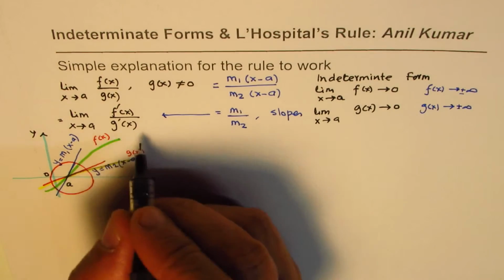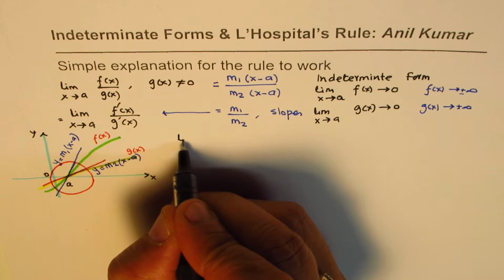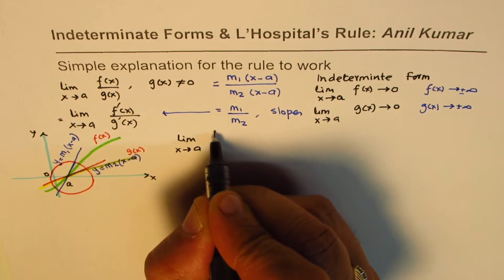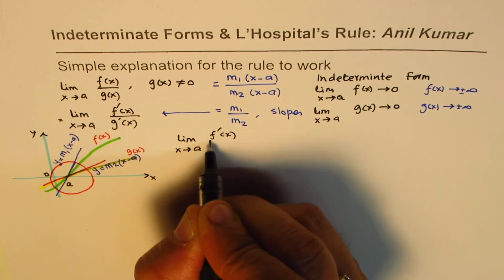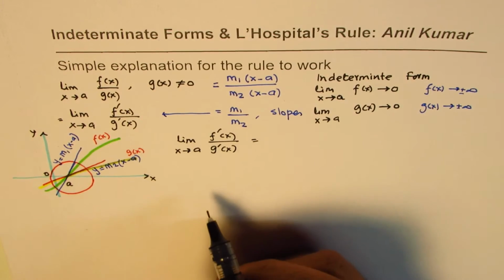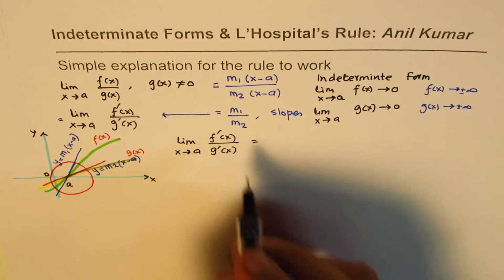So let's look into the algebraic expression for the limit as x approaches a for f dash x over g dash x. Now, what is this? This is the difference quotient. So you remember the difference quotient?